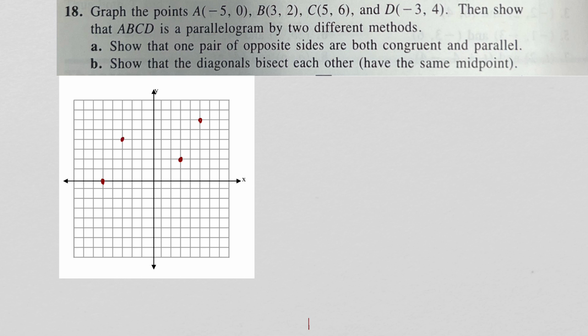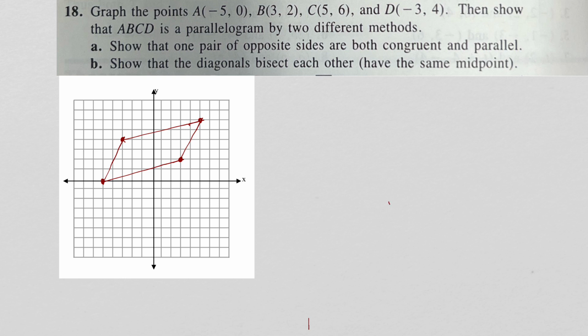Again, I think this is going to look a little strange because my graph paper somehow looks a little messed up. But when I graph this, and let me label all the points.